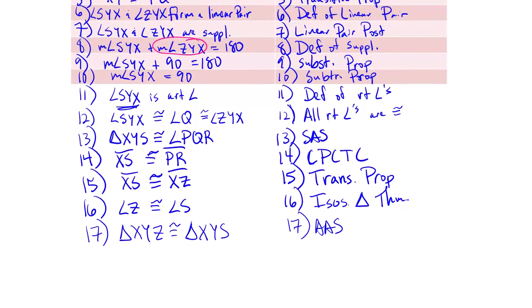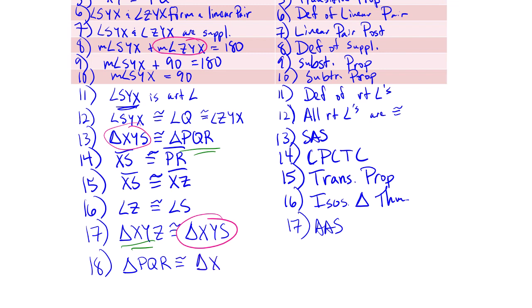And then now that those two triangles are congruent, so now that I see that this triangle is congruent to two different triangles, that means those two triangles must be congruent to one another, right? By the transitive property of congruence. So I can say, okay, triangle PQR is congruent to triangle XYZ by the transitive property of congruence.